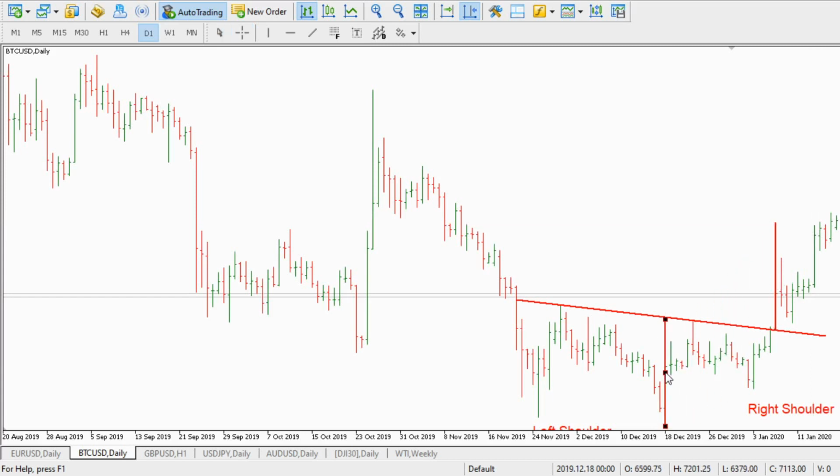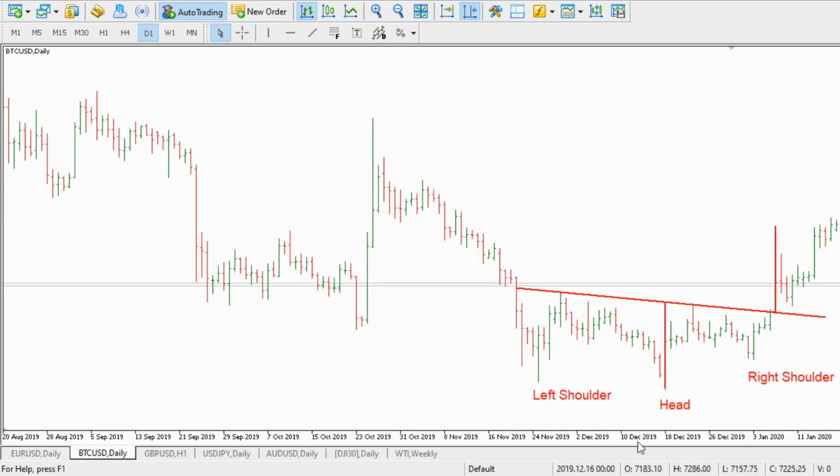Okay, also what we discussed, we can use an indicator like RSI to see if we have divergence that will confirm our figure.